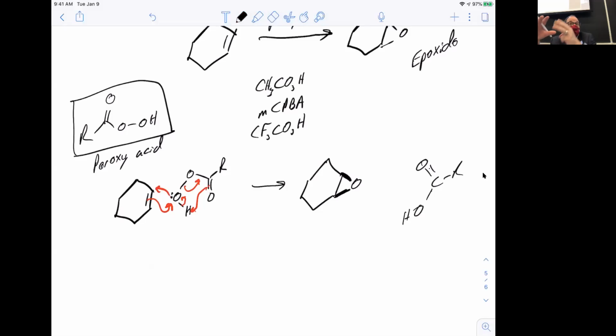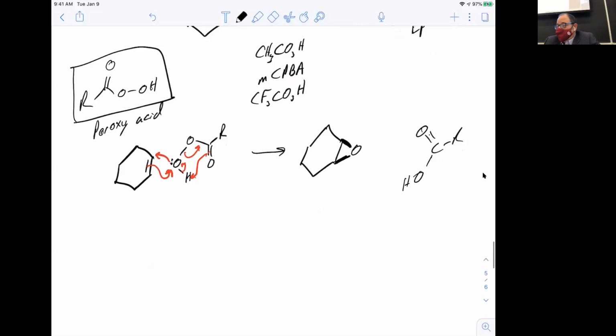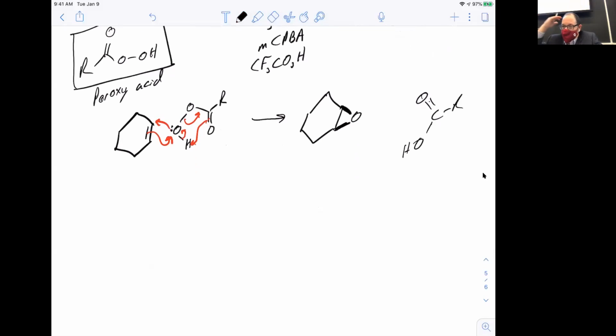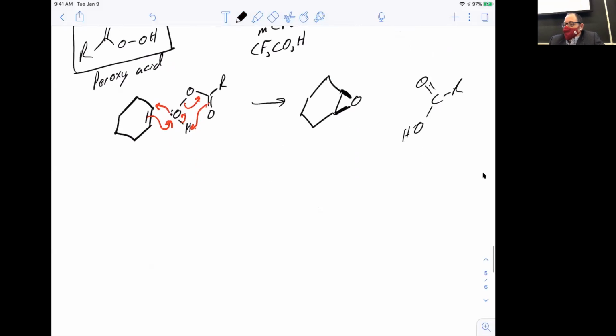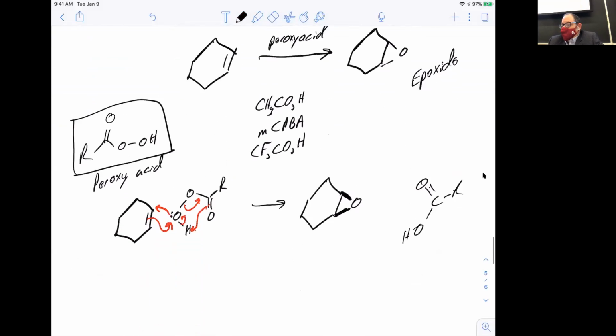So when you're studying the mechanisms of these, put those three classes together. It'll help you understand what's going on and remember those three. If you forget mercuration, if you remember that mercuration is like bromination, then you can use that to key in. Okay, so the first step is the epoxidation, right? We can use several different peroxy acids to do this.